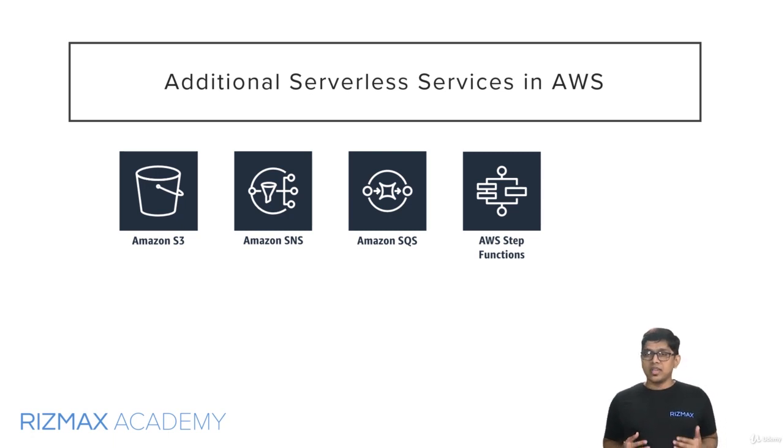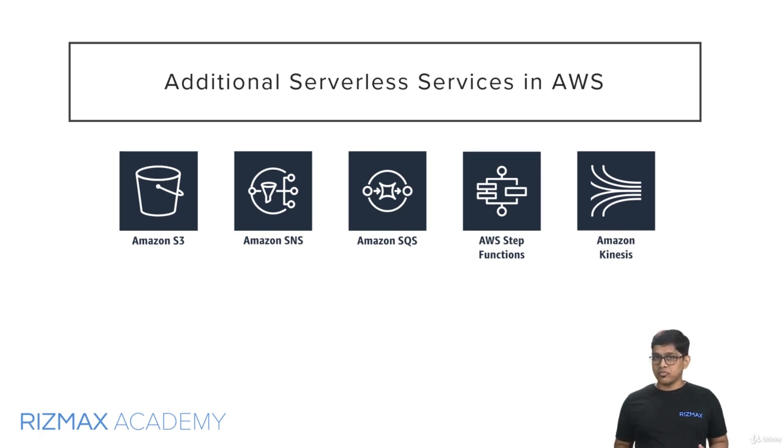Then coming to analytics, Amazon provides two web services, Amazon Kinesis and Amazon Athena. Kinesis is a platform for streaming data applications. And if your application requires you to work with or analyze streaming data in real time, you may want to use Amazon Kinesis.